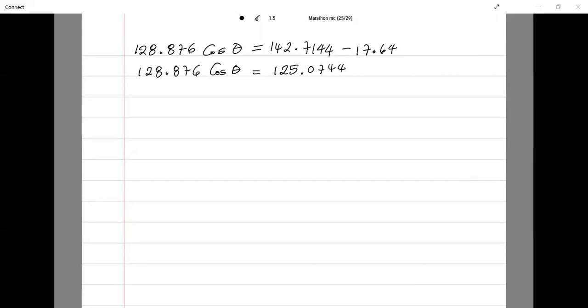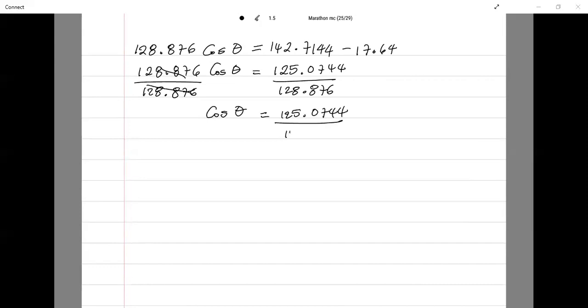Divide both sides by 128.876, and we get the cosine of theta is equal to 125.0744 divided by 128.876.